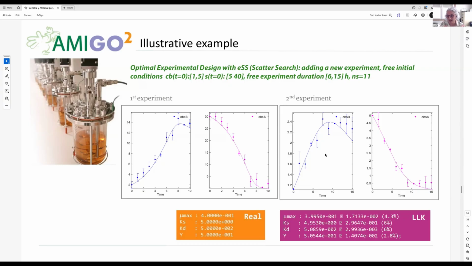But again, this is a simple case, and in highly complicated models such as the one I showed before on the circadian rhythm, it is typically very difficult to come up with an intuitive experimental design which is particularly focused on solving a specific problem in the parameter estimation.